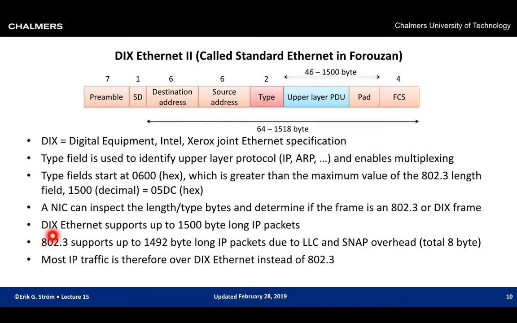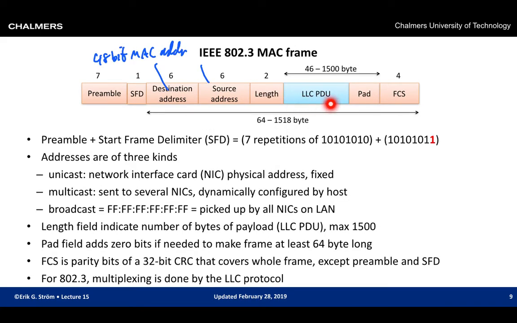An interesting thing here is that DIX Ethernet supports up to 1500 byte long packets. And why is that? Well, it's because the whole thing here can be allocated to the upper layer protocol, just as we did previously. But in 802.3, the upper layer is LLC, which means that the upper layer to LLC cannot have a 1500 byte long packet.